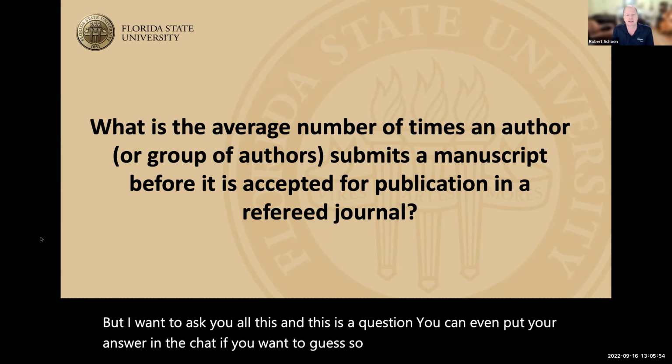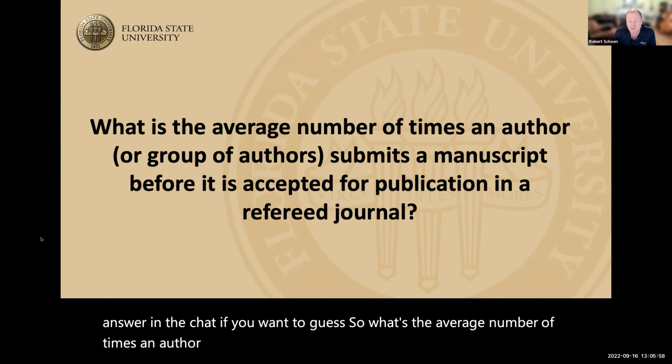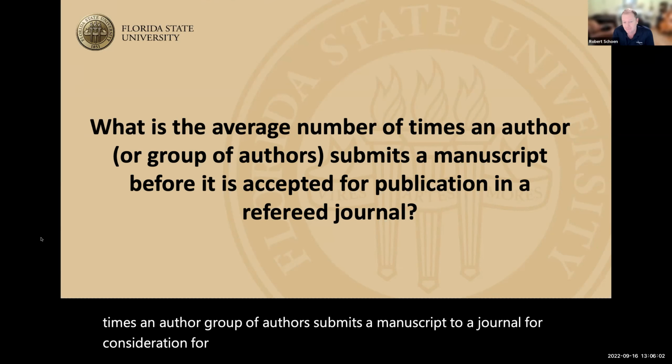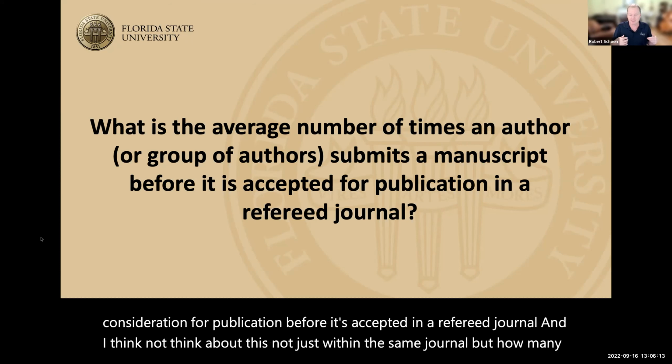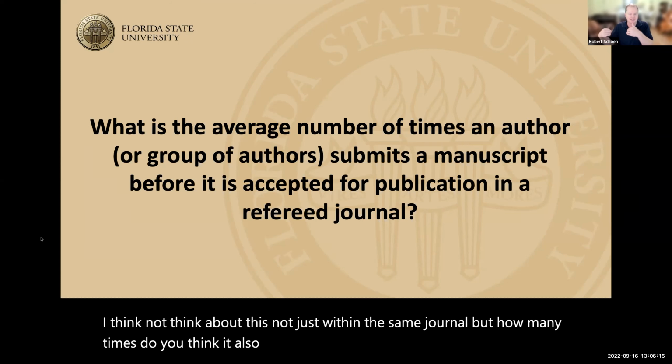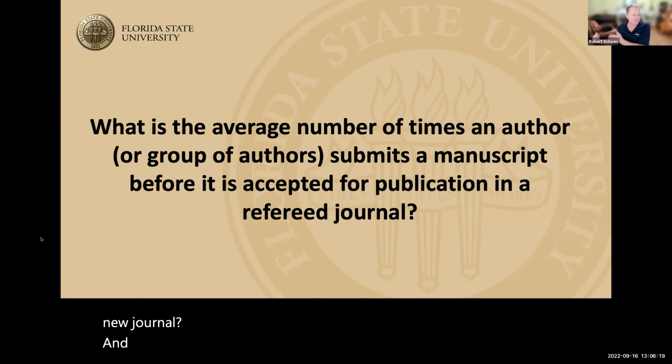What's the average number of times an author or group of authors submits a manuscript to a journal for consideration for publication before it's accepted in a refereed journal? And I think about this not just within the same journal, but how many times it also gets rejected and then resubmitted to a new journal, and then rejected from that one, resubmitted to a new journal?